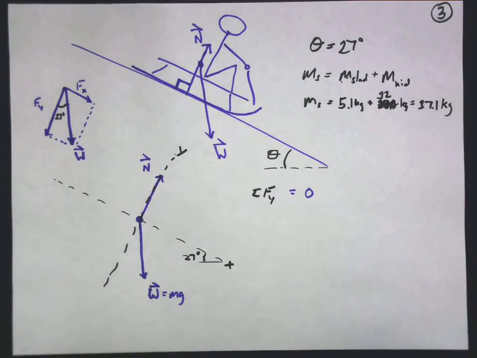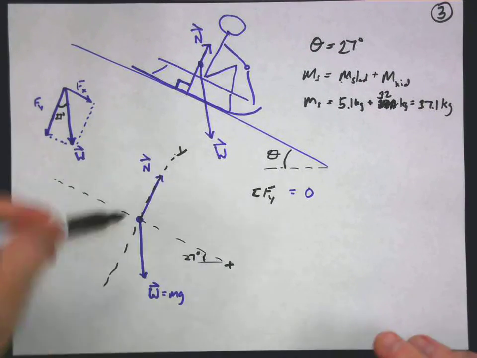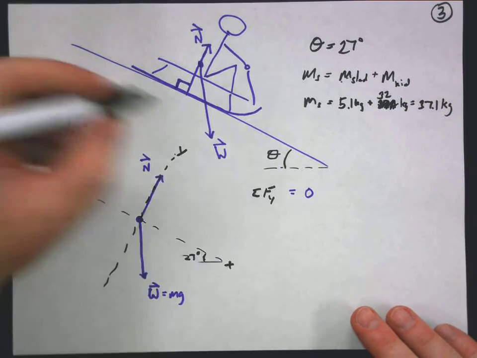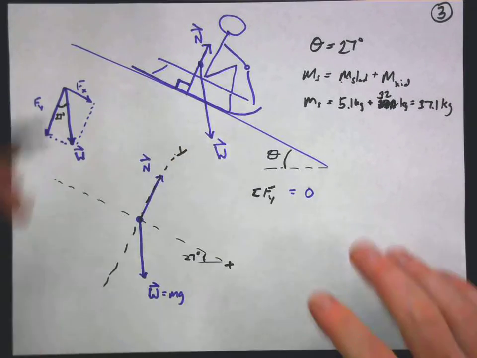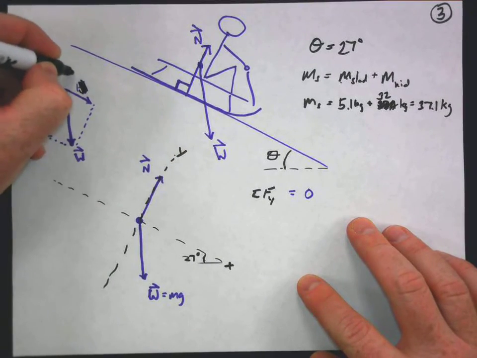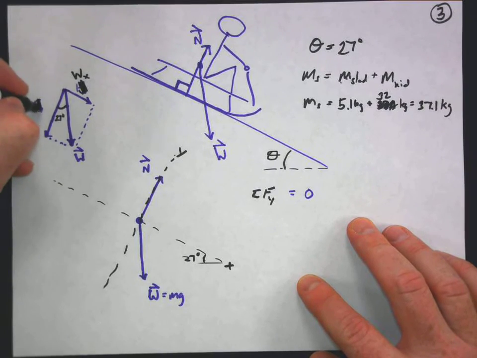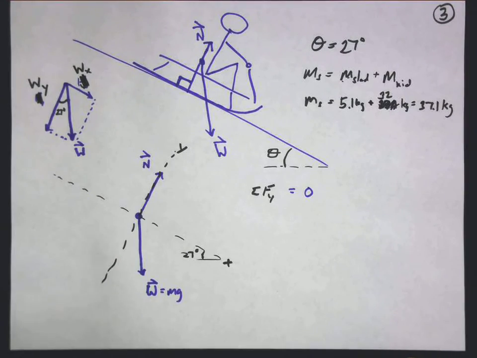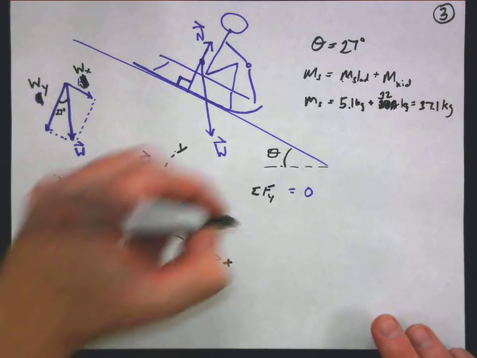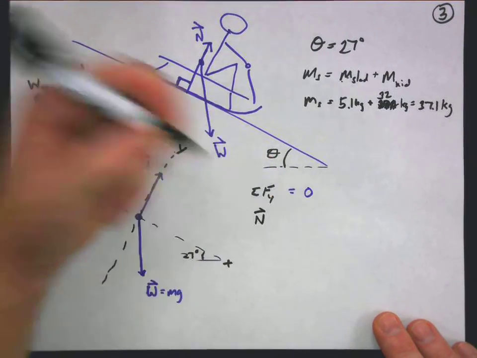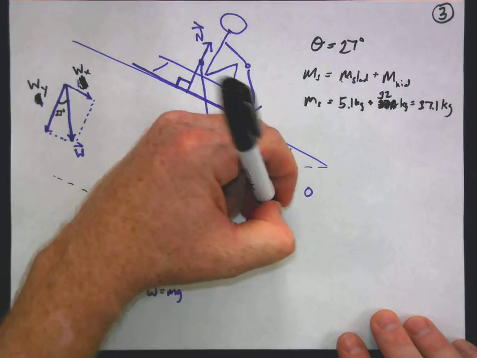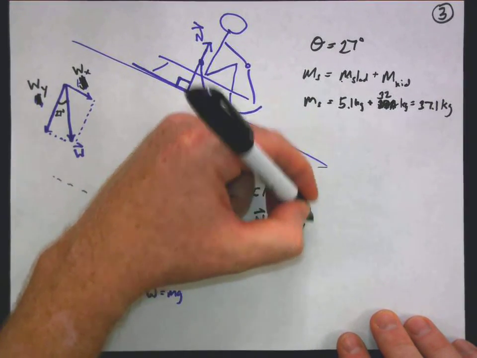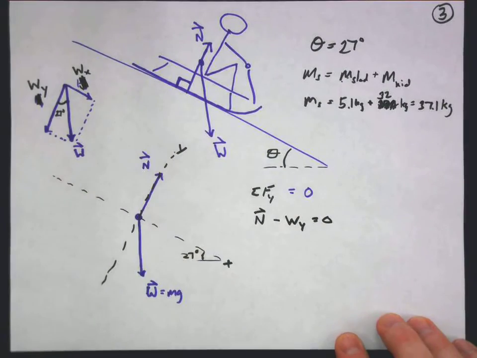So the forces are the normal force and the y component of the weight. Oh, I labeled this wrong, didn't I? Oops. Sorry, that's weight in the x direction, and that is weight in the y direction. Watch that now. So I have normal force, and that's in the positive y direction, and I have weight in the y direction, which is in the negative direction. And those sum to 0.